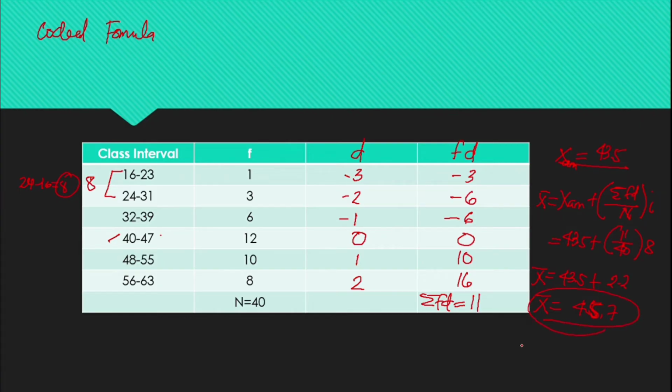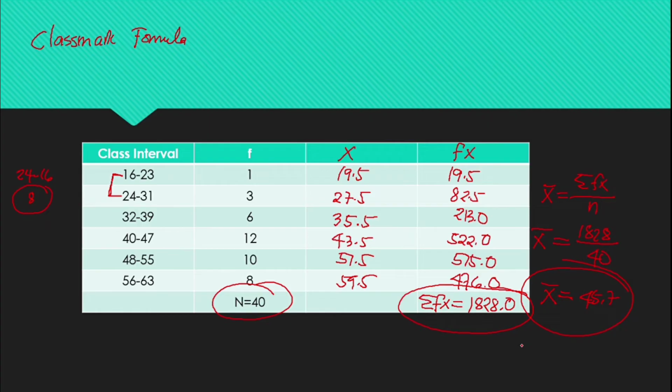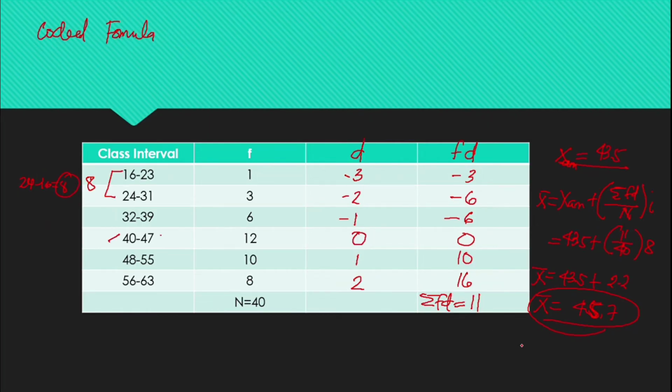So therefore we could say that they have the same result with the class mark formula if we're going to make use of the coded formula. At home, you have to pick one of the intervals here. Let's assume that this is our class mark, the chosen class interval.